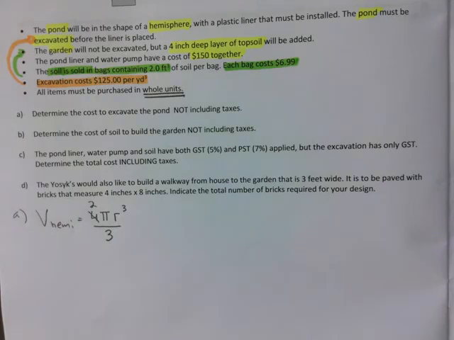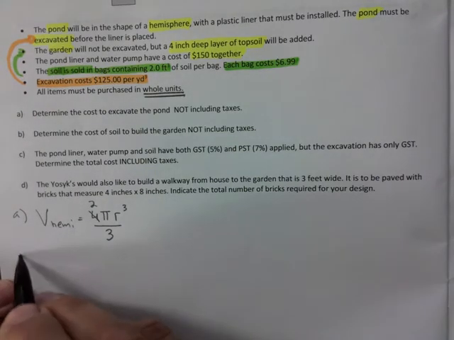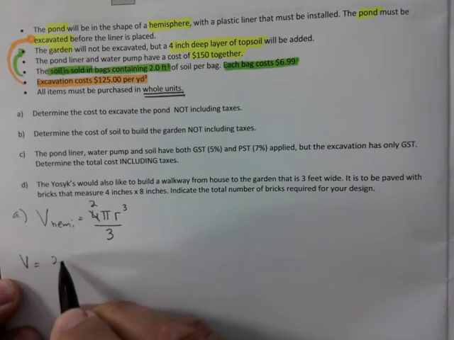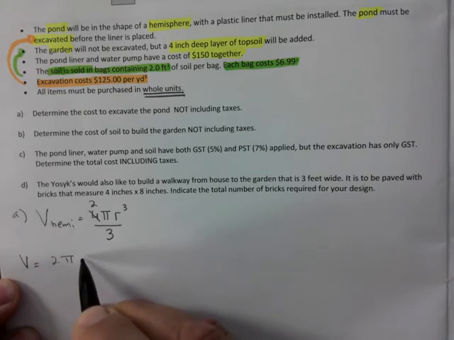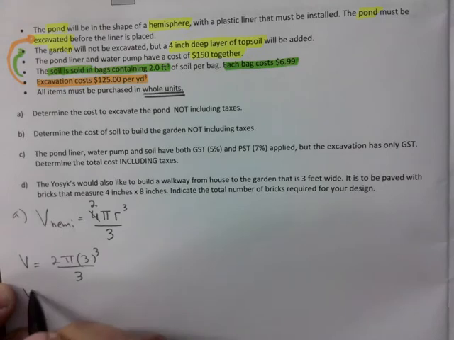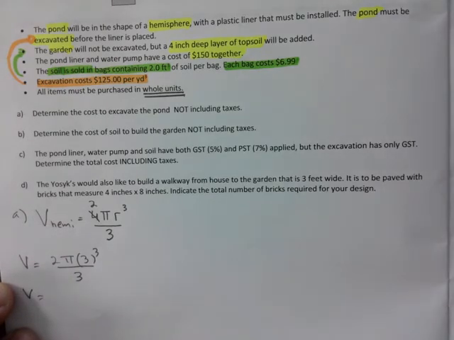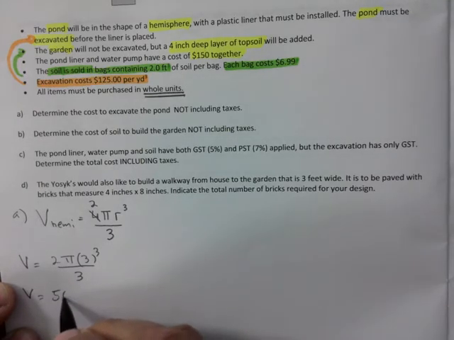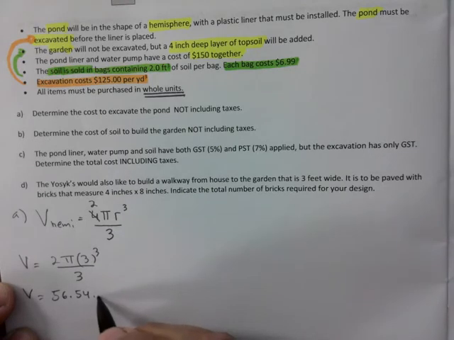It's half of it. You look in your notes, okay? So let's go ahead and do that. Volume will be 2 pi r cubed divided by 3. And I get 56.54, and that keeps going.